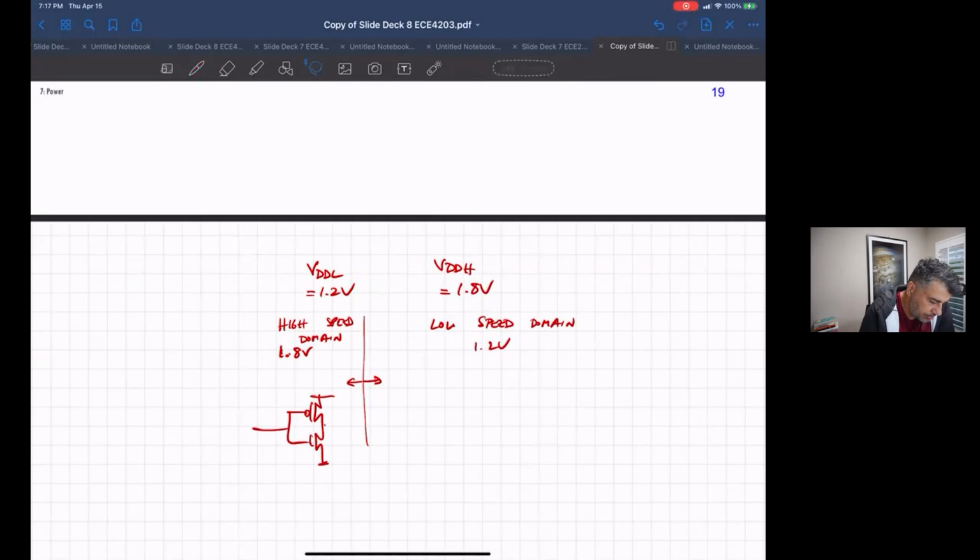Now you've got a signal going from the high voltage domain driving something in the low voltage domain. This VDD is 1.8 volts, and this VDD low is 1.2 volts.